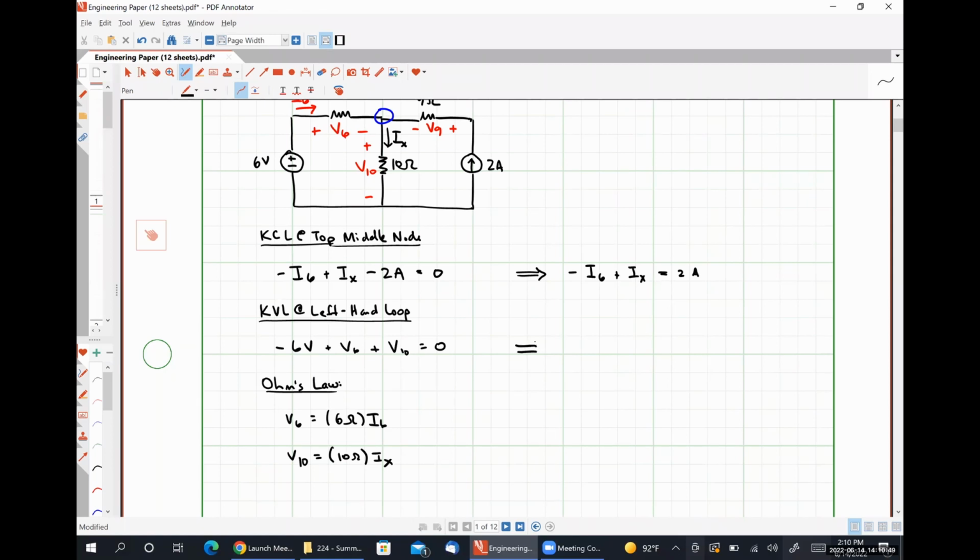And I'm going to substitute in my Ohm's law relationships into my KVL equation and also move the constant term to the right-hand side of the equal sign.